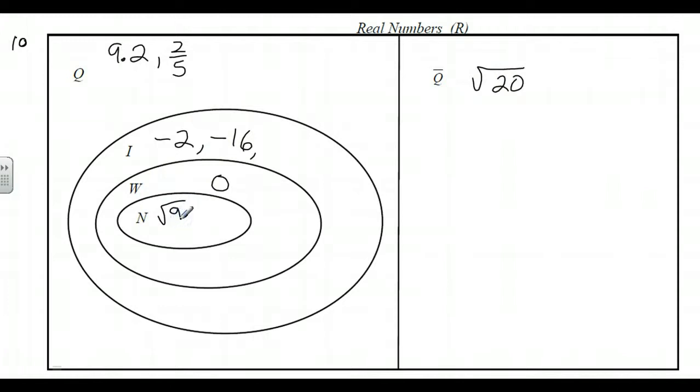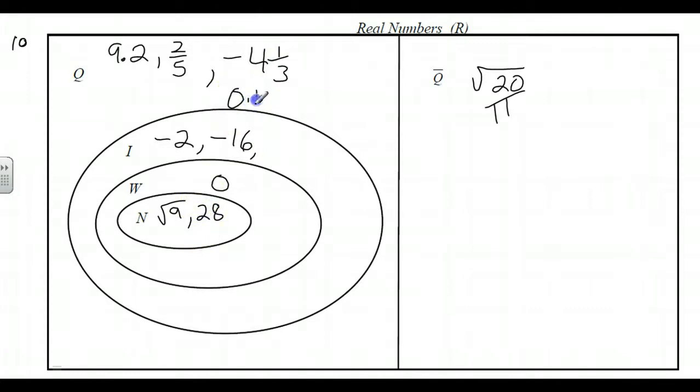That's natural. Pi, irrational. 0, already put the 0 in there. -4 1/3, rational. Negative, but not a negative integer because of the 1/3. 28, naturally.